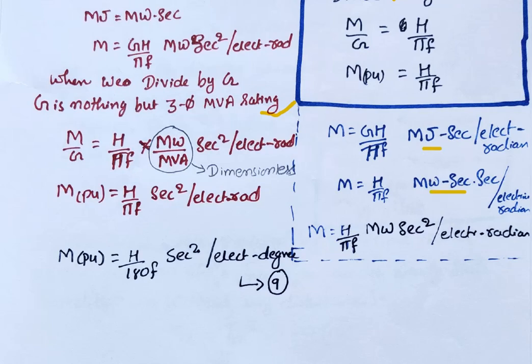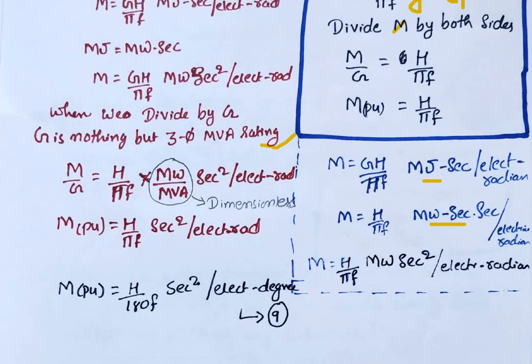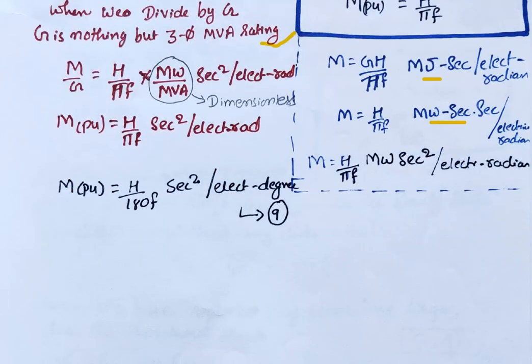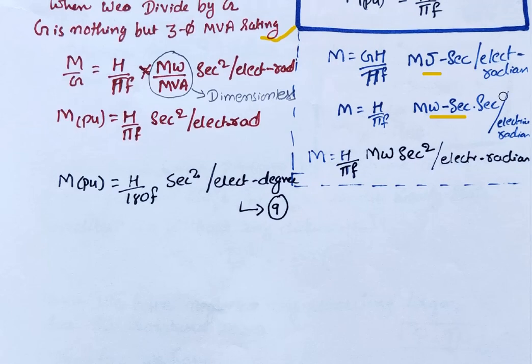So MJ equals MW second. Now put this in this form, you will get MW by MVA into second squared.